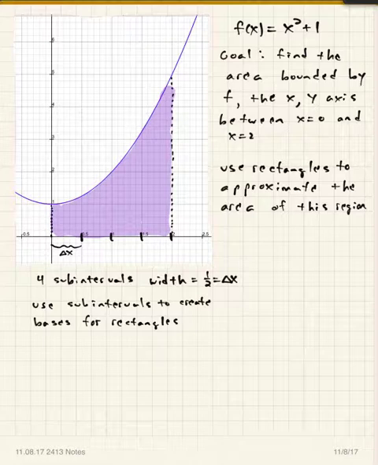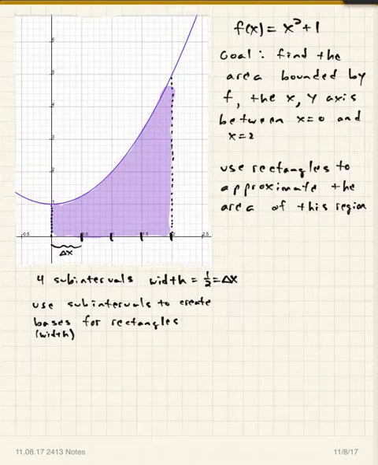The bases would be the widths of these rectangles right there. And then to establish the height, we're going to use where the curve is at the left-hand endpoint of each of those subintervals. So we're going to use what we call left-hand endpoints.